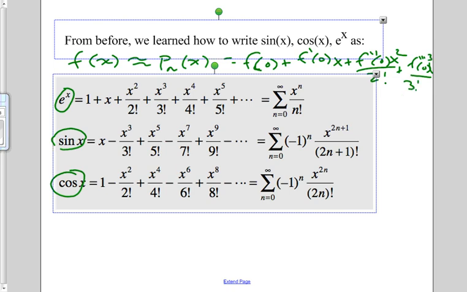Remember that. And we generated these series for e to the x, sine x, and cosine x.